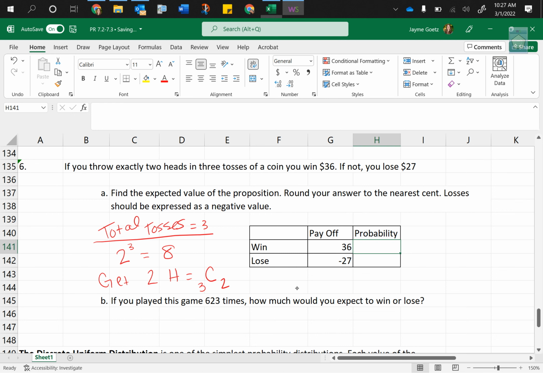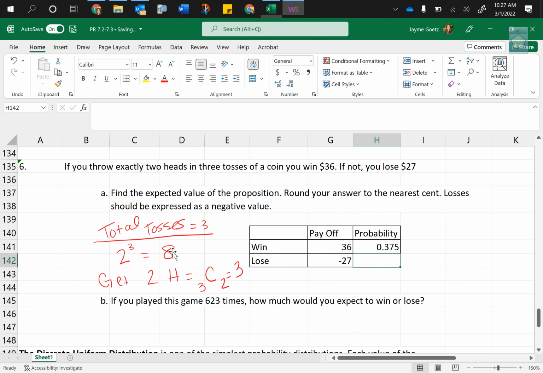So there are 3 possible ways that you could toss exactly 2 heads. So the probability of winning is going to be how many you want, which is 3, out of how many possibilities, which is 8. Are we okay with that?